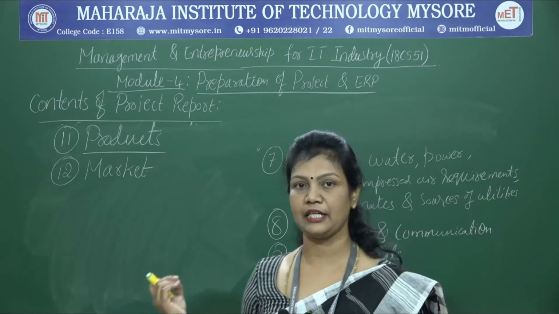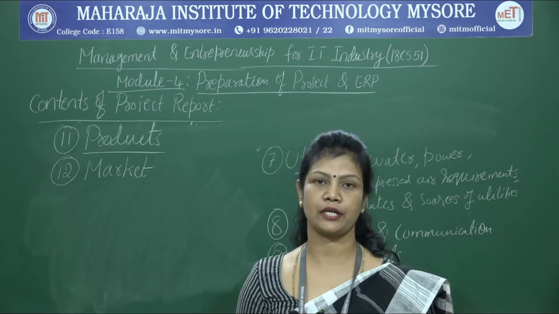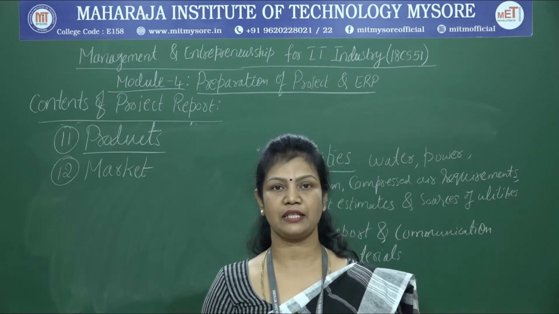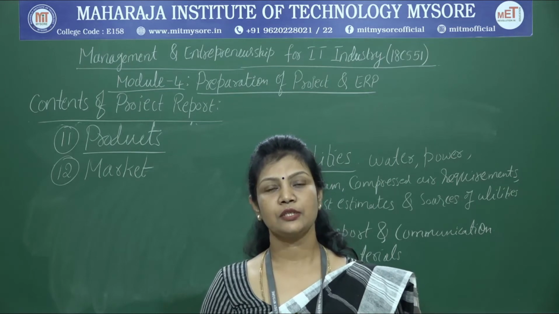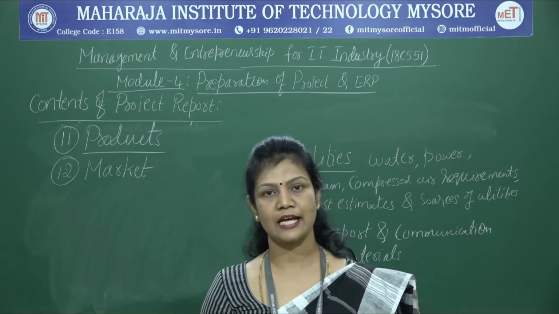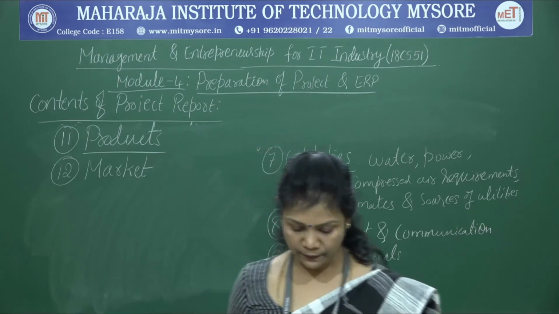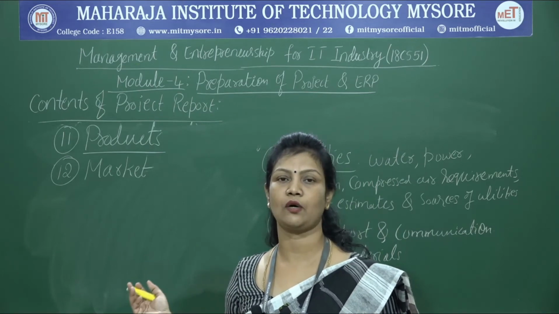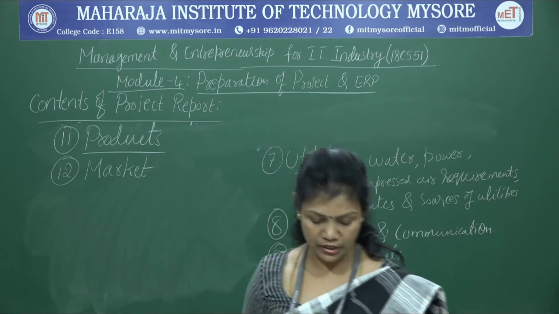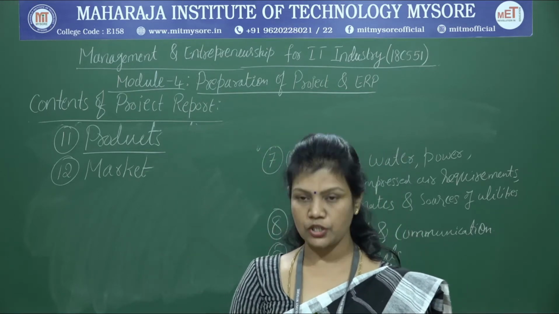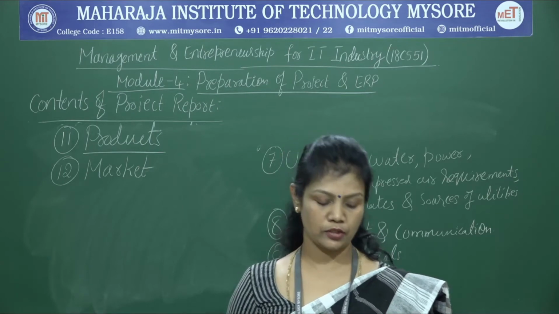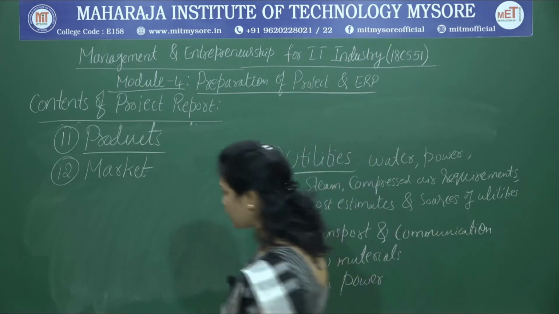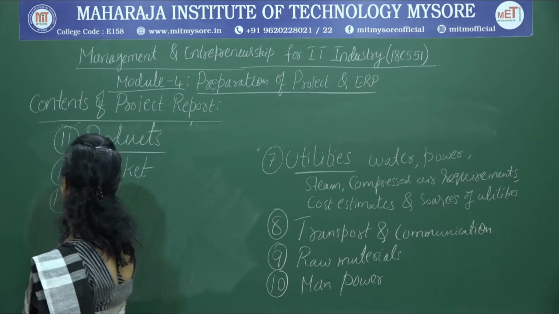Who are all the target end users for the organization's product needs to be specified here, and how they are going to distribute in the market, whether they are going to use the distribution channel as local, national or international, needs to be specified here, and the different types of trade practices which are going to be followed by the organization also need to be mentioned under this, and also the promotion devices along with the proposed market research also need to be specified in this market heading, right? So the next one is requirement of working capital.